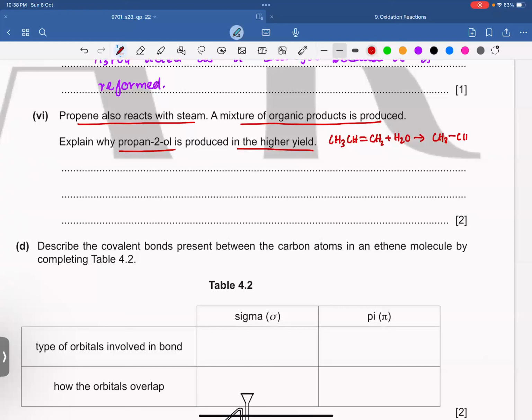One is major and the other one is minor. The major one has an OH over here and hydrogen on the last carbon, and the minor one has a hydrogen over here and OH on the last carbon.